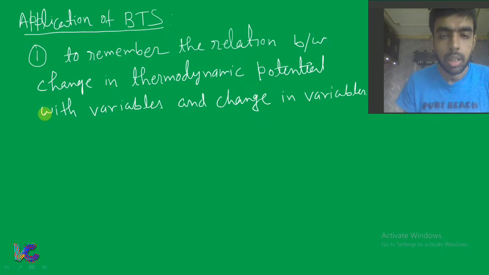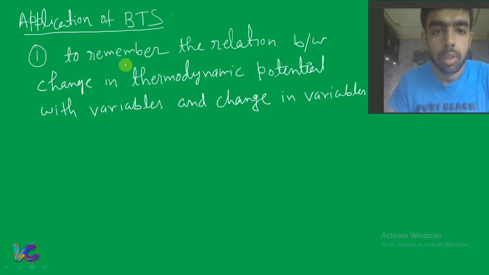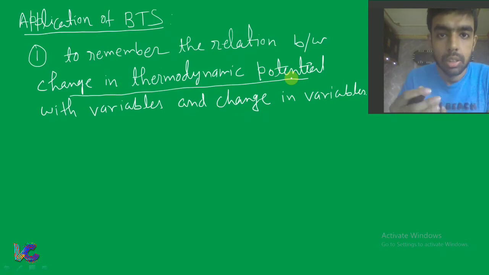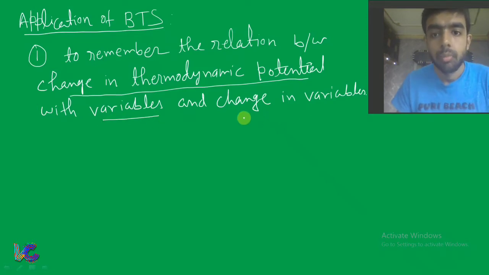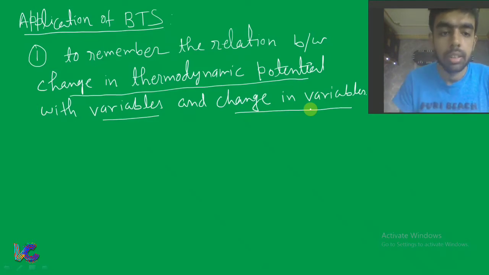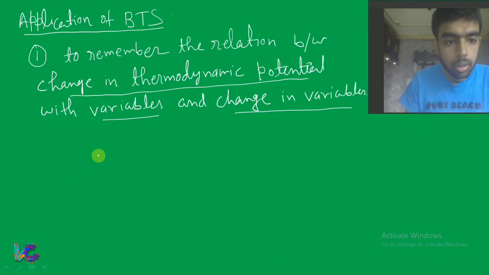So what I am saying, the first application of Born thermodynamic square is, it will help us to remember the relation between change in thermodynamic potential, that means dH, dG, dA and dU, with variables and change in variables. Variables means P, V, S and T, and change in variables means dV, dS, dT, dP like this. Okay, so I will show you one by one all the four: dH, dG, dA and dU.